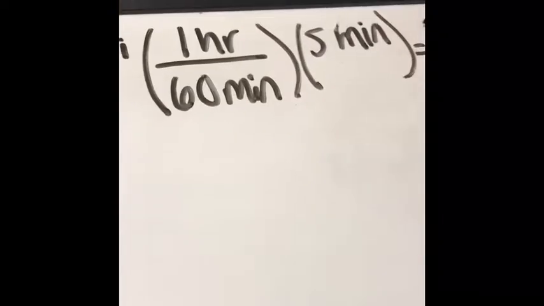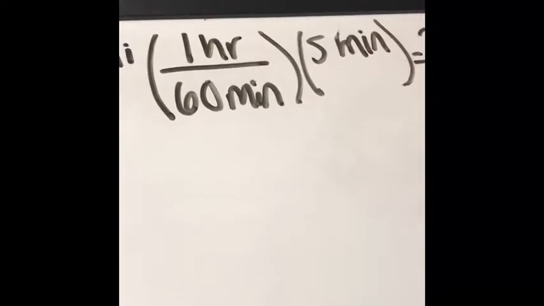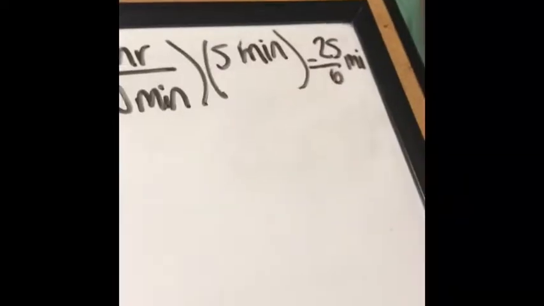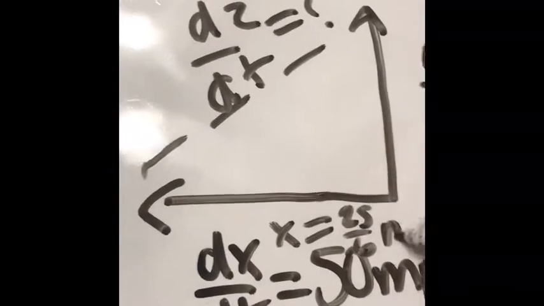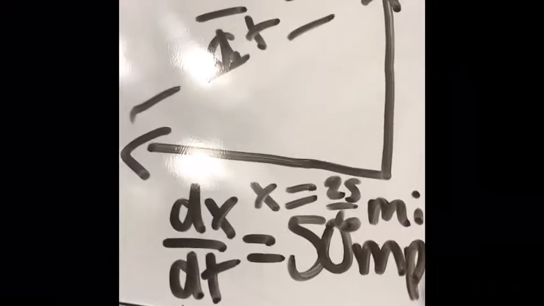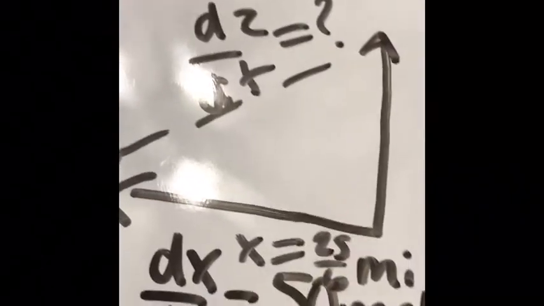And so this would equal 25 over 6 miles. So that's how far this distance is. So x equals 25 over 6 miles. And we're going to keep it in fractions so that it's easier to solve at the end.